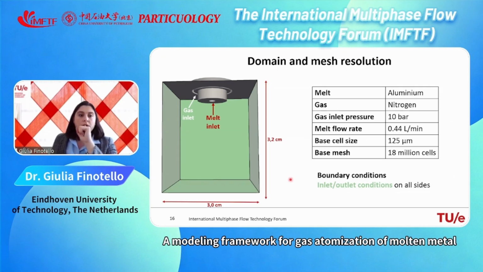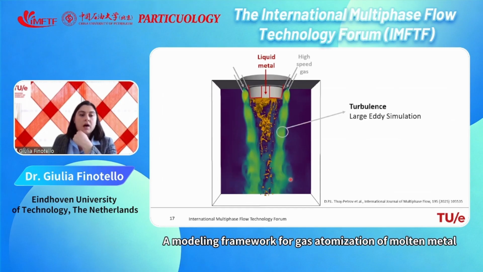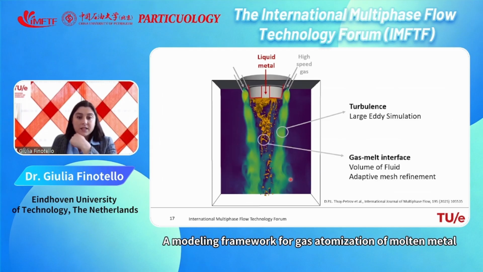So you see already that this process, where liquid metal is meeting with the high-speed gas, involves turbulence, which we are resolving with a large eddy simulation. And of course, as I said, for the gas-melt interface we use the volume of fluid method, and we also need adaptive mesh refinement.